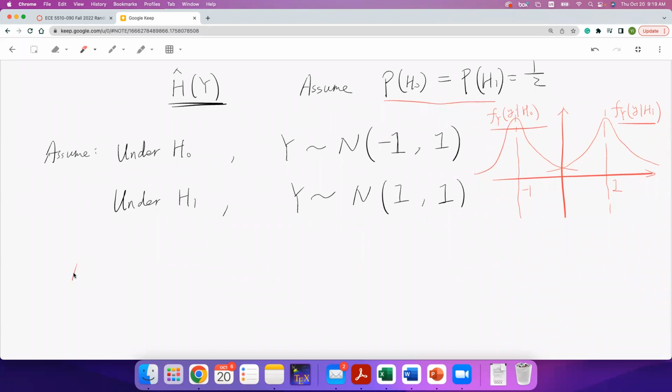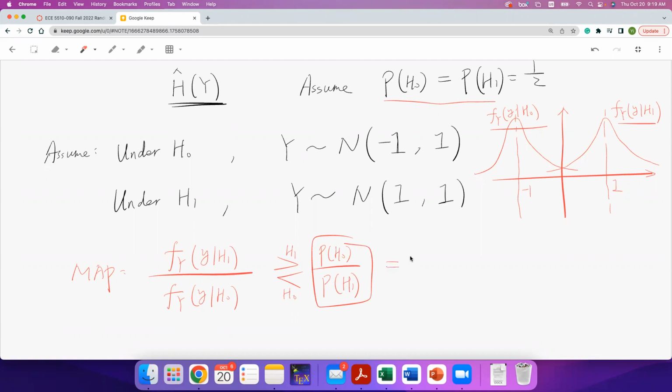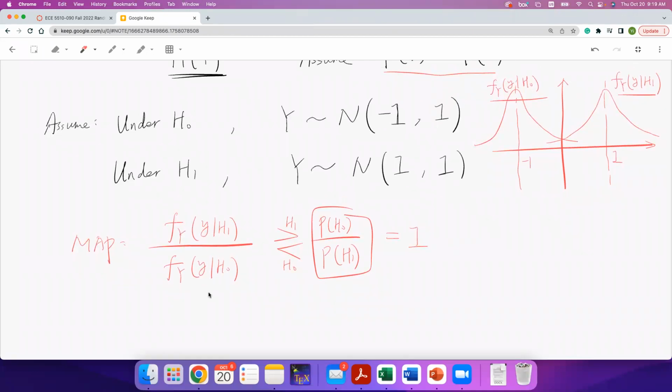The MAP rule calculates the likelihood ratio. Now we are given that this threshold is 1, so in this case it reduces to the maximum likelihood test.